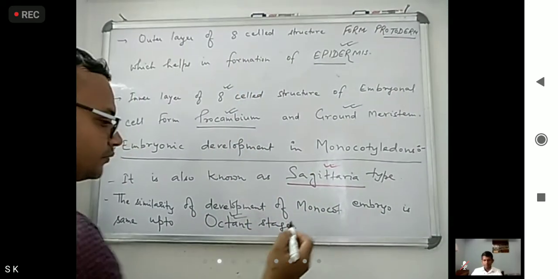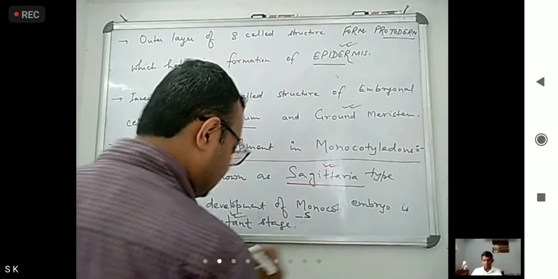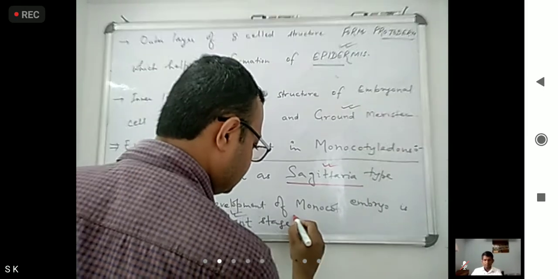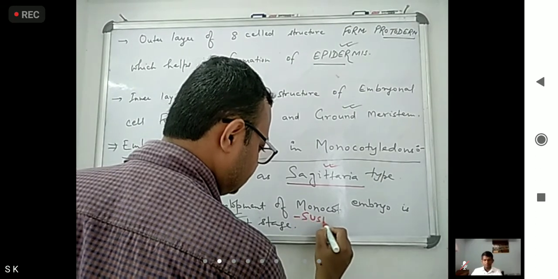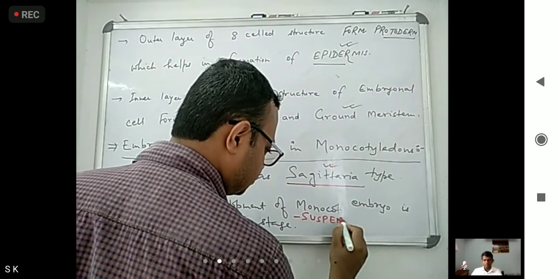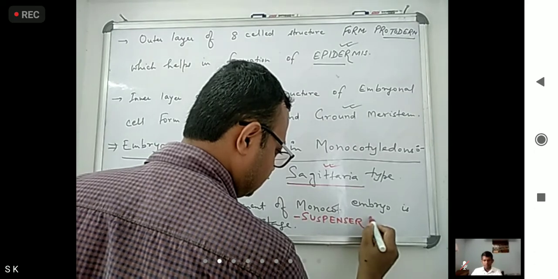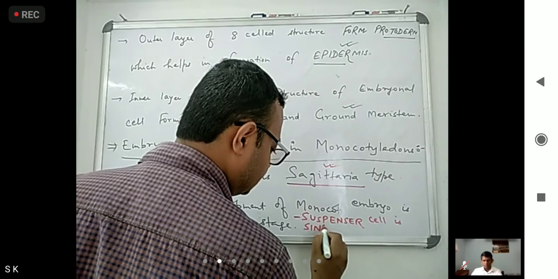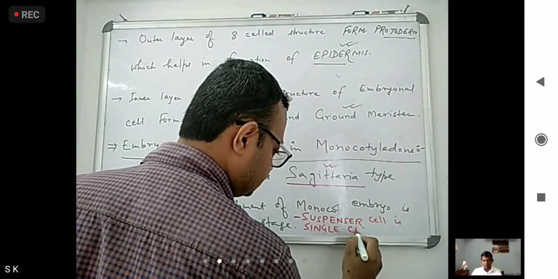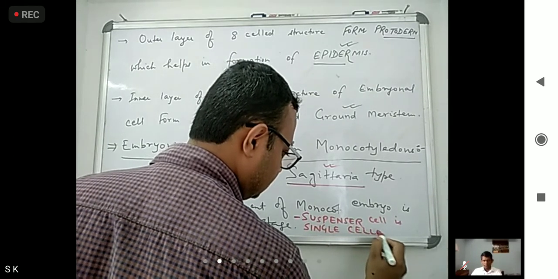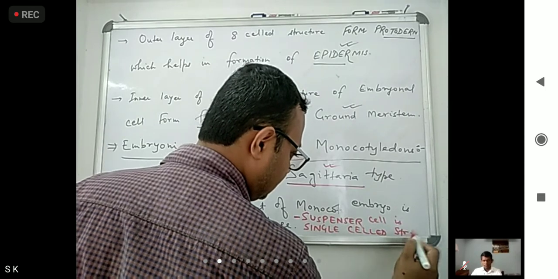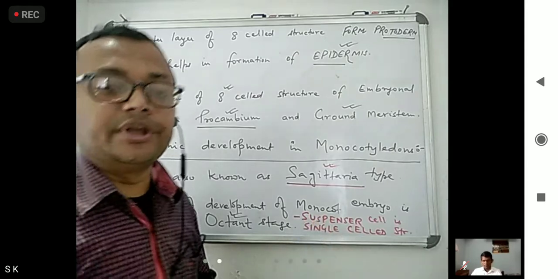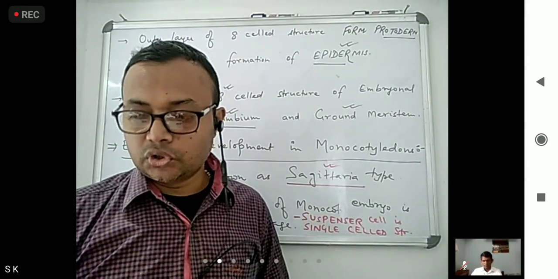What I told, the suspensor cell, this you have to remember, the suspensor cell is a single-celled structure, and this only gives the major difference between dicot and monocot embryo.